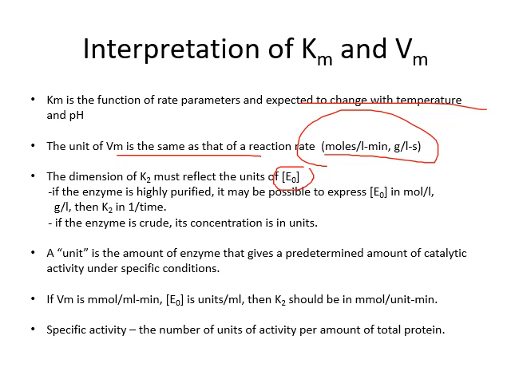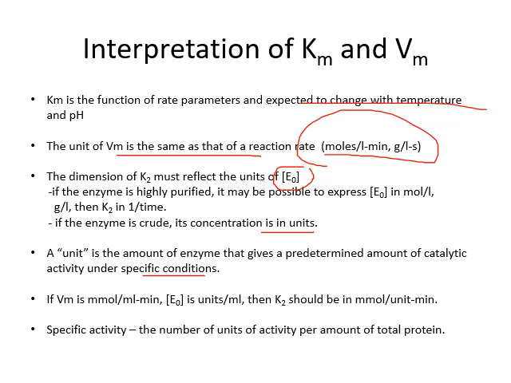If the enzyme is crude, its concentration is in units. Okay, we don't know the real units for the enzyme if it is crude, which is not purified. So a unit is the amount of enzyme that gives a predetermined amount of catalytic activity under specific conditions.